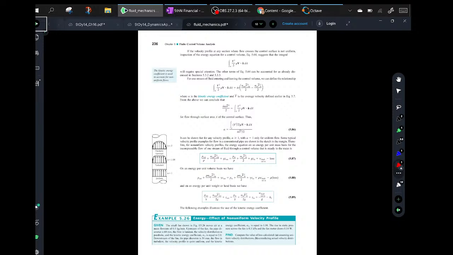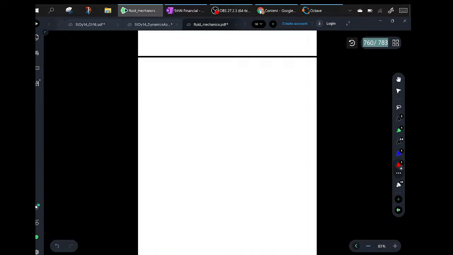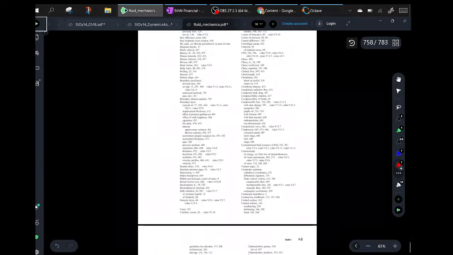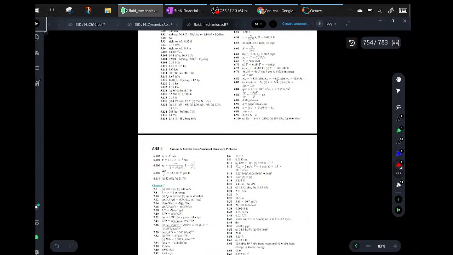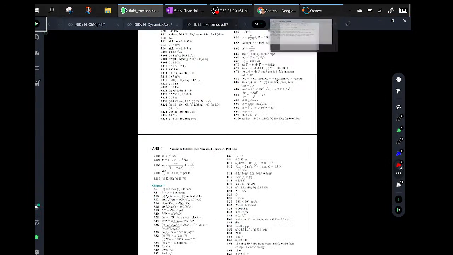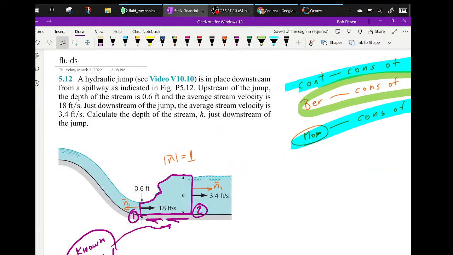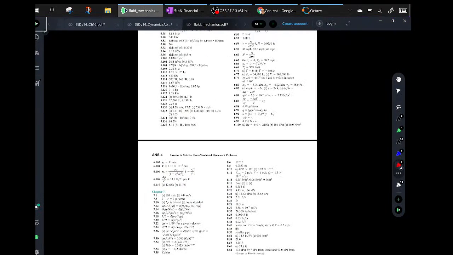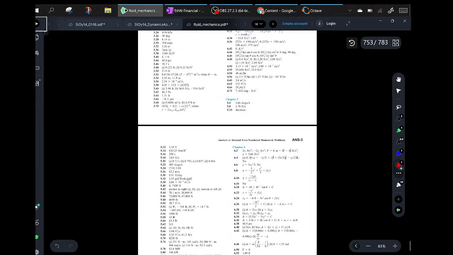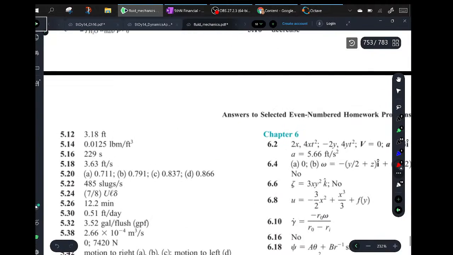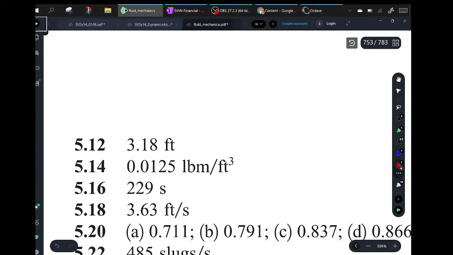Well, okay. Now I've got to remember the problem number that I had, 512. And looks like I have an error, 3.18.